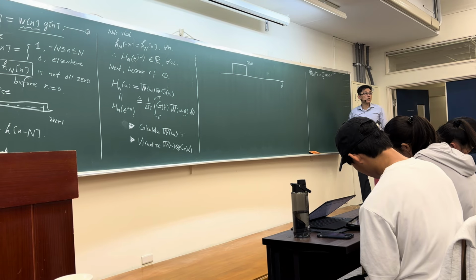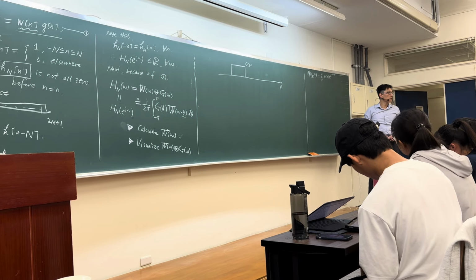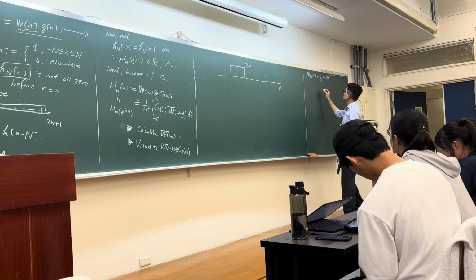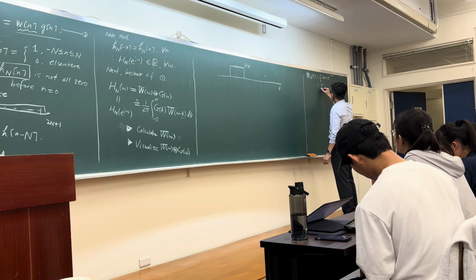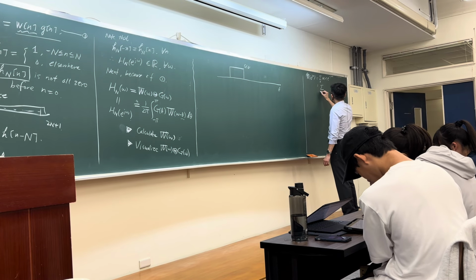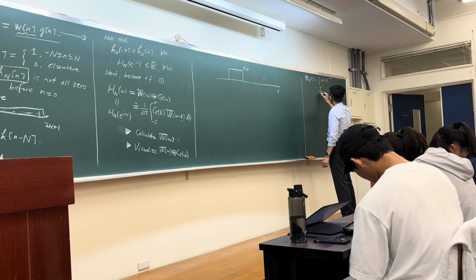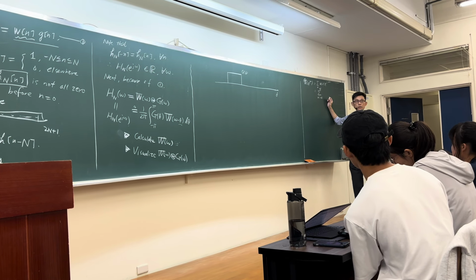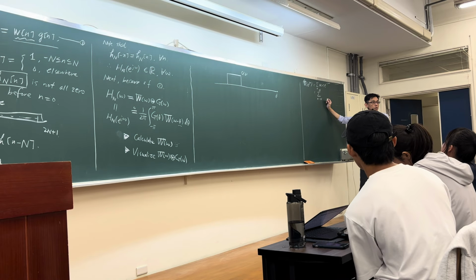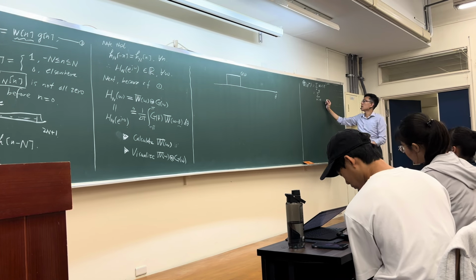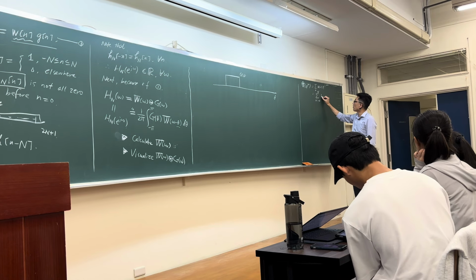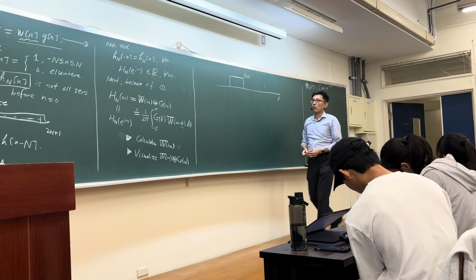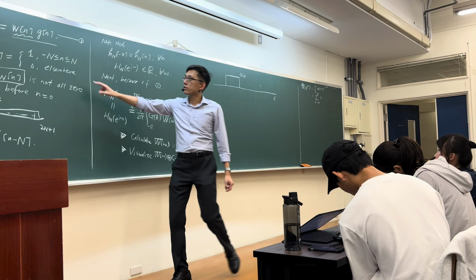Good old definition of DTFT. But w has a range, so this n can just go from minus N to big N, because that's the range where w is not zero. And when it's not zero, w is all one.